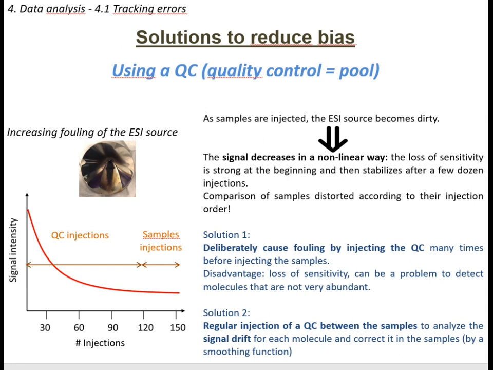And it will correct in the same way all the other peaks in all the other samples. So you use the quality control to make a correction, not a linear but a polynomial regression, to correct every peak individually and to do this in every sample. This will erase a lot of these undesired variations linked to the modification of the source.